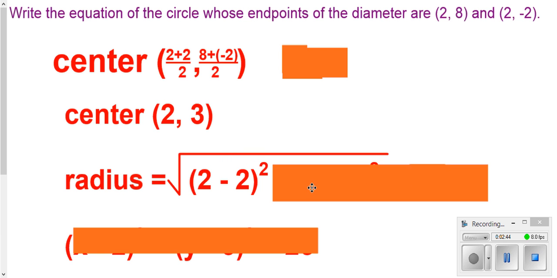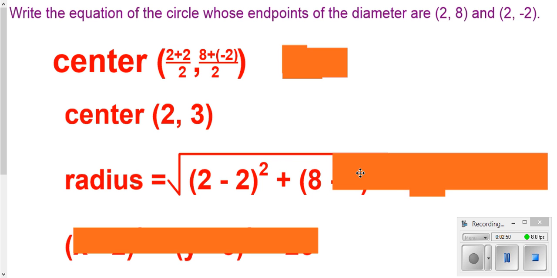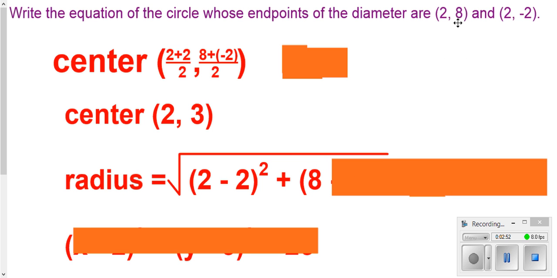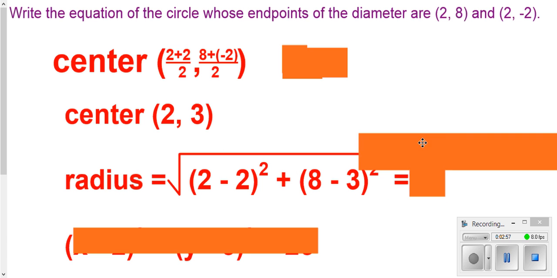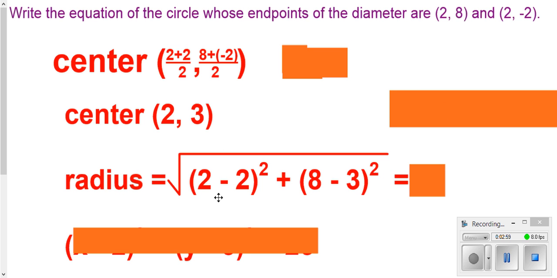So all we're going to do is just subtract the two x coordinates. This x minus the x coordinate up here. Then we're going to take our y coordinate up here minus our y coordinate down here. And by the way, the order in which you subtract with the distance formula doesn't make a difference because of the squaring. So we get 0 here, we get 5 squared here.